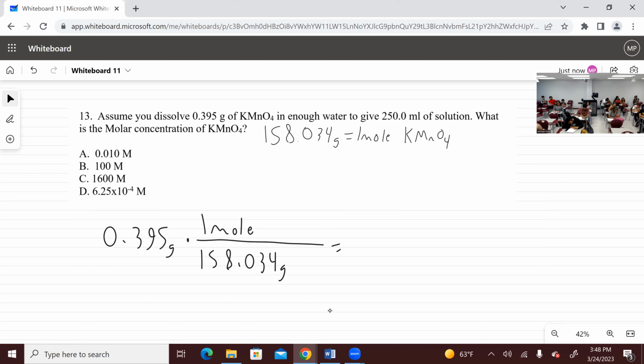If you want to multiply by 1, you can, but it's not going to make a difference. So 0.395 divided by 158.034 gives you 0.00249946 moles of KMnO4.